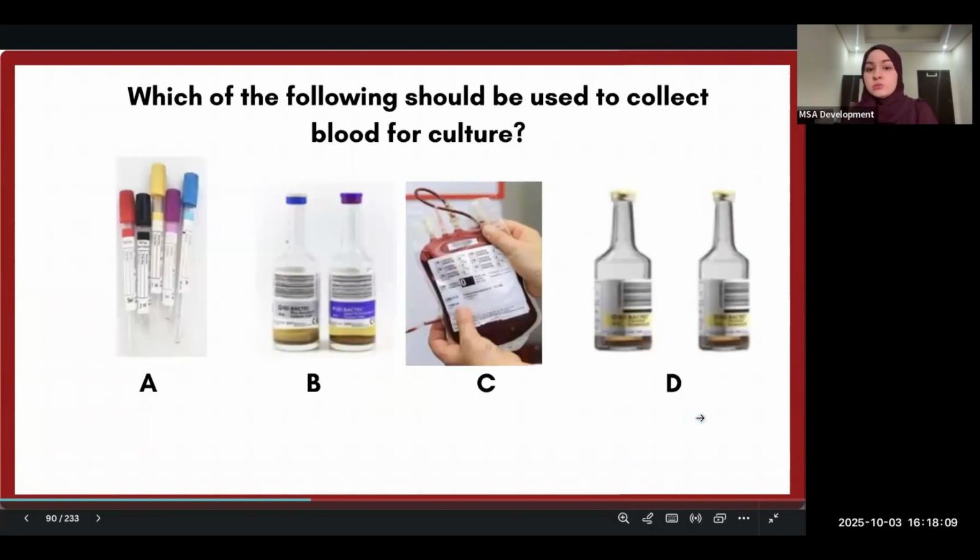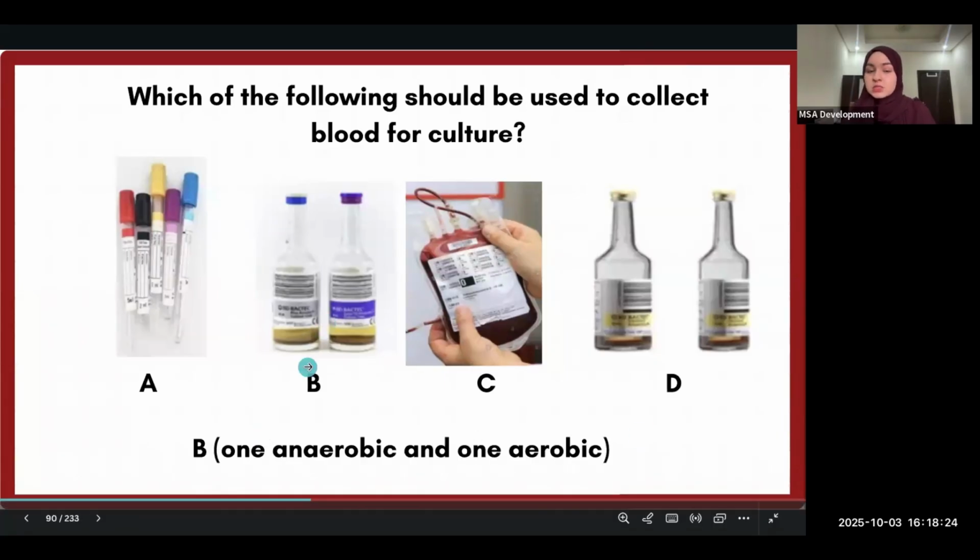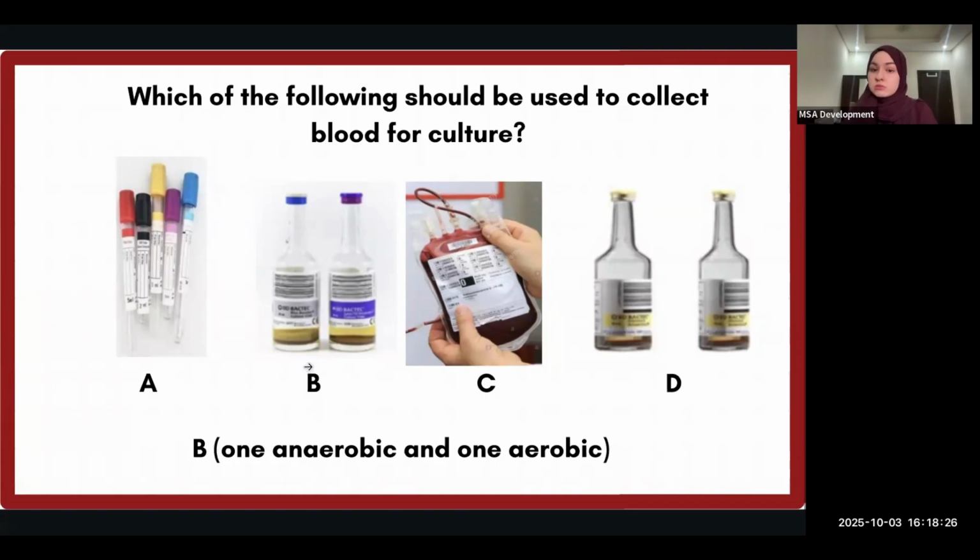Okay, which of the following should be used to culture for blood? Now, if you get a patient with the symptoms of infective endocarditis that we talked about, you immediately want to send for a blood culture. Now, what would you use? You would use B. Now, why? This is because you want to get a set of 2 or 3 sets, and each one has to have anaerobic and aerobic.